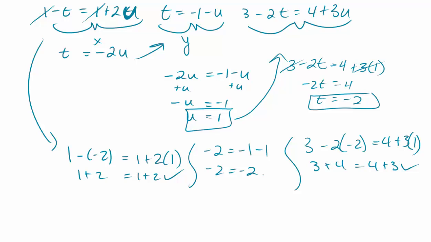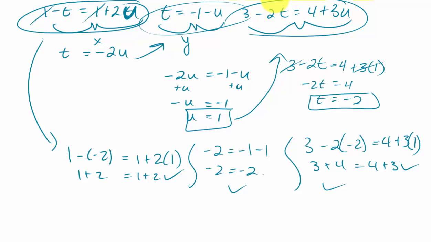I went ahead and paused it and did the checking offline, but you can do that yourself if you like. So I plugged in u is equal to 1 and t is equal to -2 to each of these 3 equations that we created from our x, y, and z components. Now that we know that u is equal to 1 and t is equal to -2 satisfy the 3 equations, they do create a common solution.